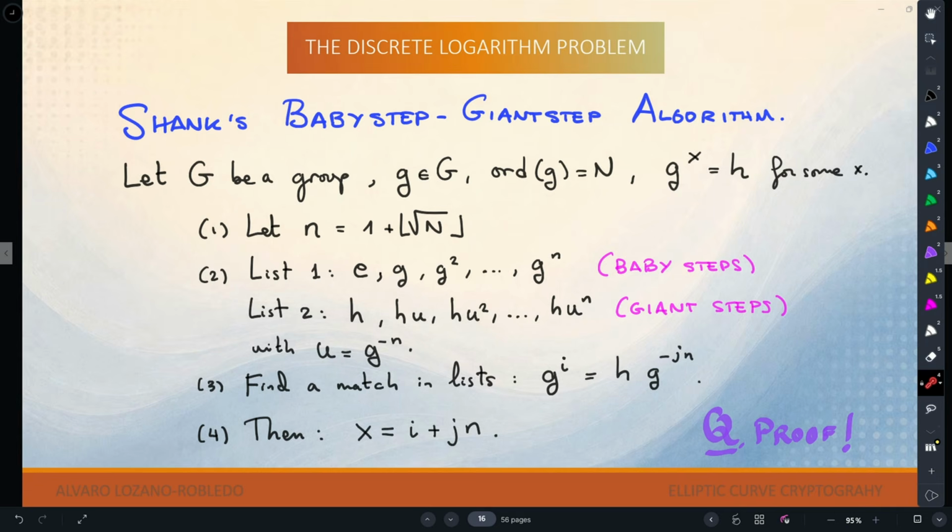So you can build both lists simultaneously. And there is a match, and that match will be some power of g equal to h times some power of u. And it turns out that i plus jn is the solution you're looking for.